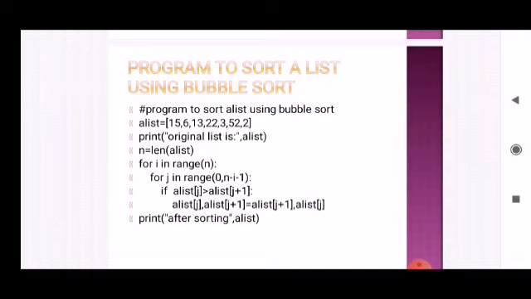Now we have to compare two elements, a of j and a of j plus 1. If a of j is greater, that is, when the first element is greater than the next element, then the swapping will be done, and this whole process carries on till the sorting is done. After this process goes on through the two nested loops, we will get the list of sorted elements.